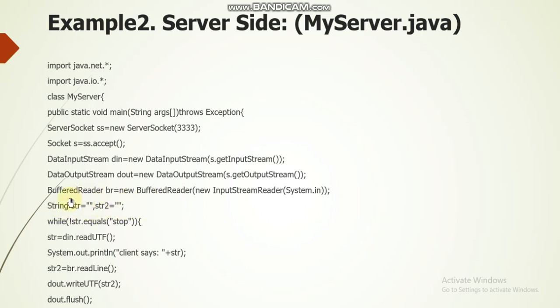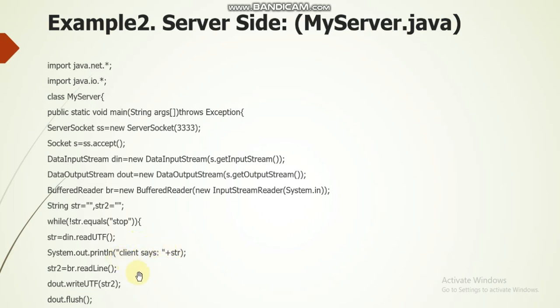We have created also two strings, str and str2. We said while not str equals stop. Now the message to be received will be read in UTF format and be stored in str. The output here will be displaying what you have written following my client side.